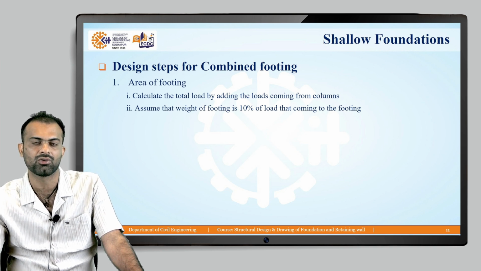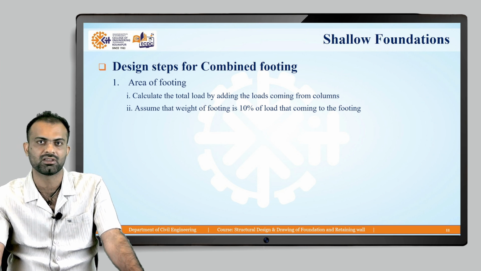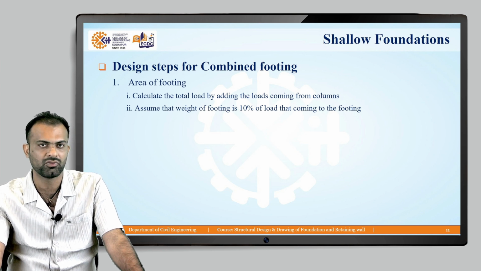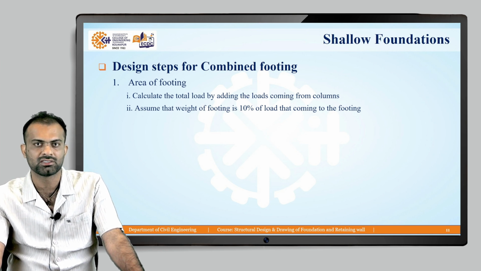To overcome this problem, we assume that the weight of the footing is 10% of the load coming to the footing from the superstructure. In this scenario, the total load from the superstructure is 150 kilonewtons. 10% of that is 15 kilonewtons, which is the weight of the footing.